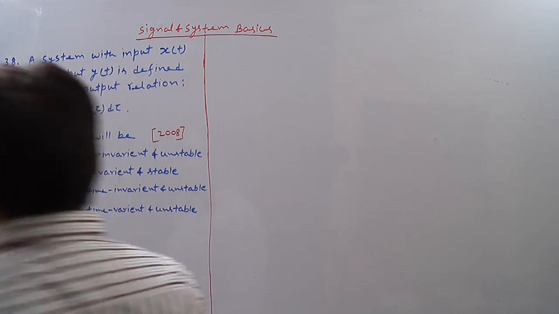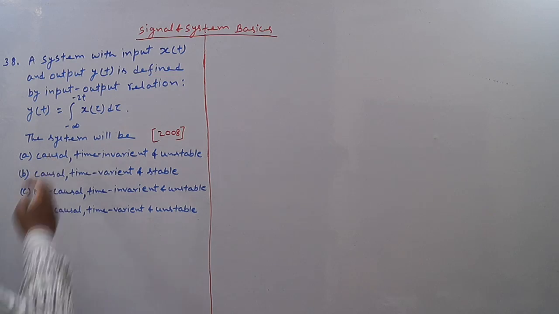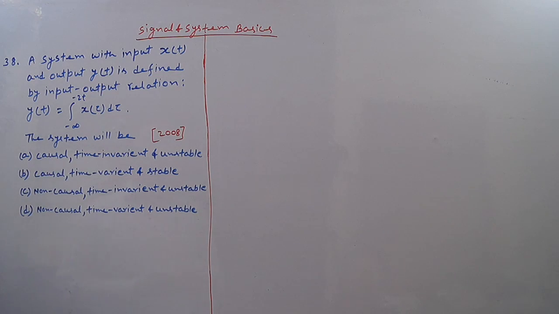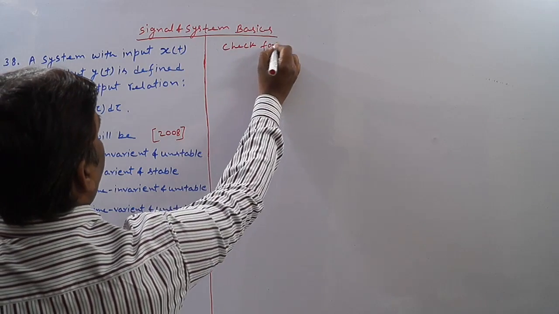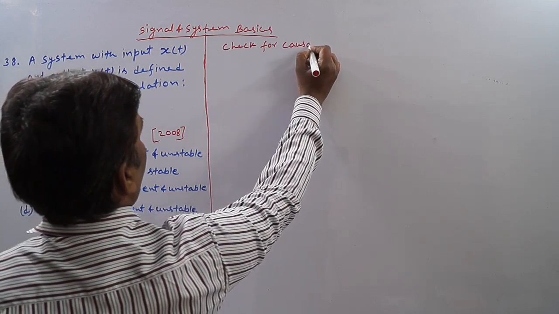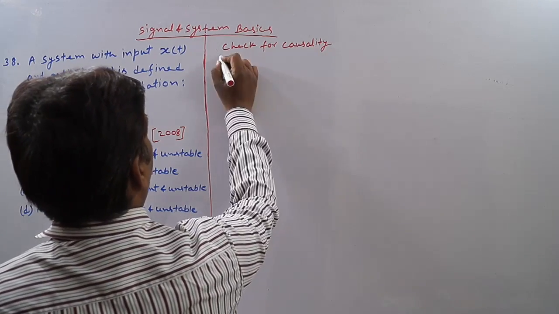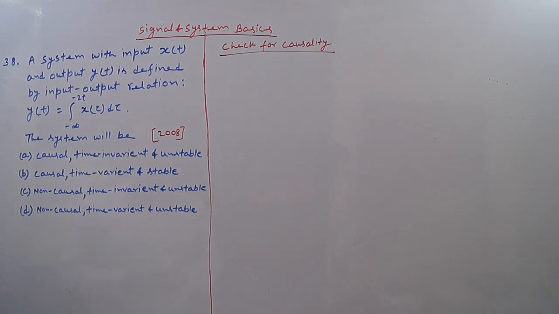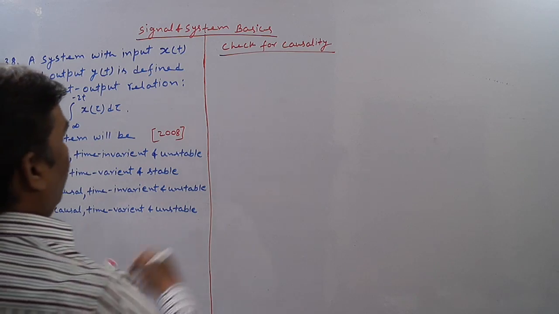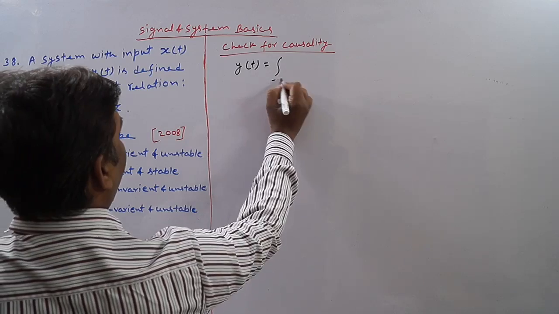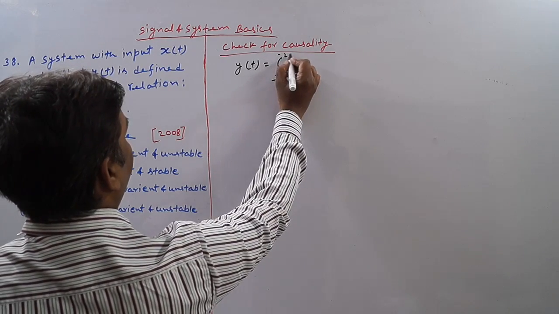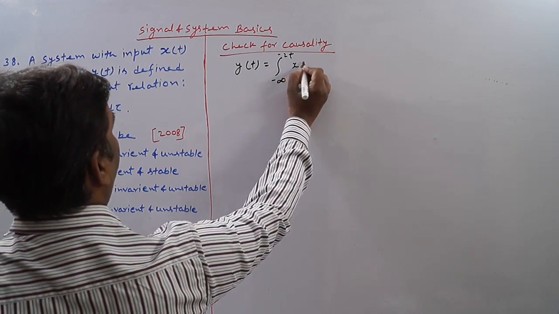Let me first check for causality. We can clearly see that y(t) is given by the integral from minus infinity to minus 2t of x(tau) d tau.